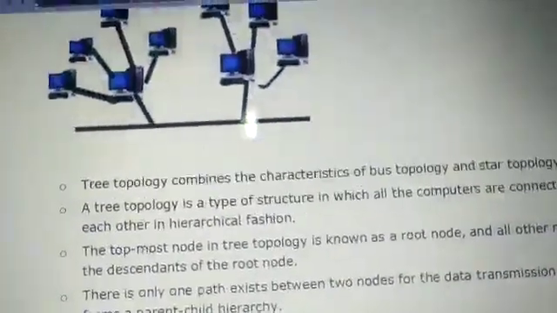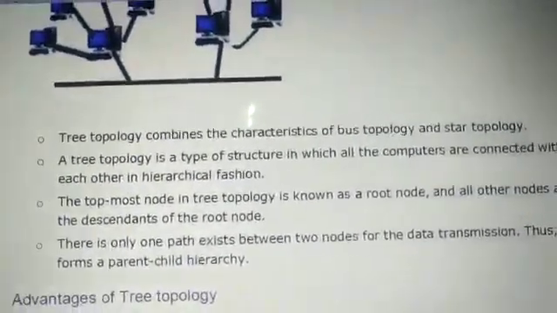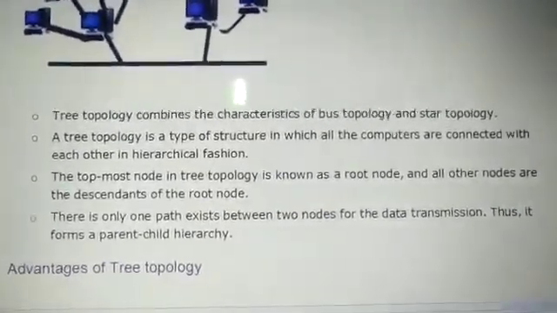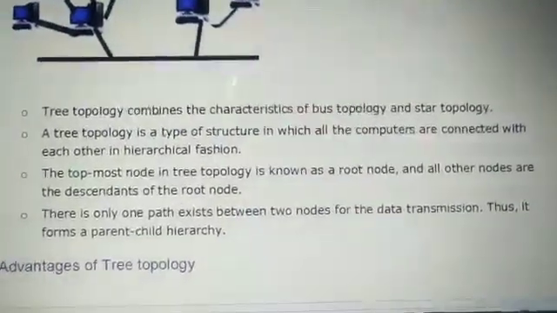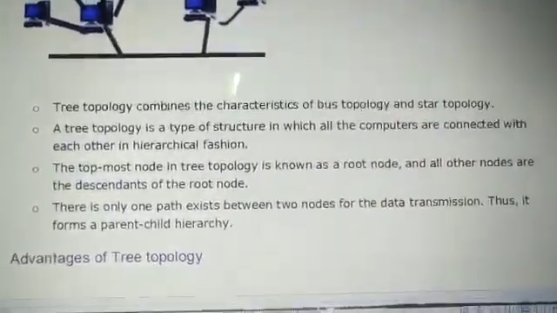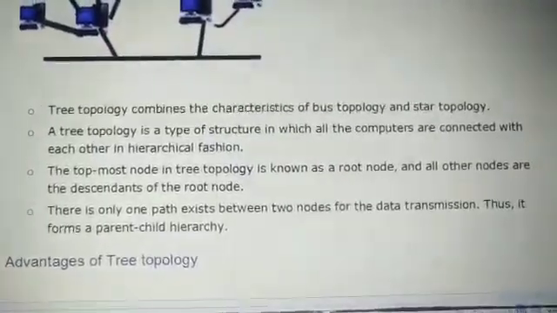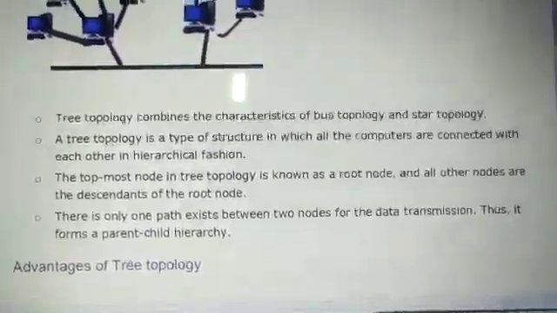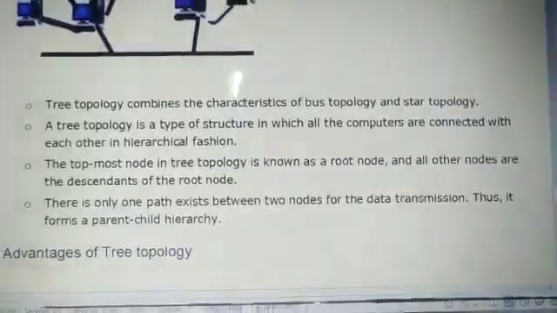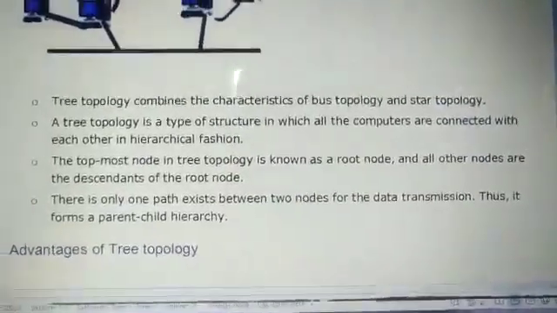Let's go through these points once. Tree topology combines characteristics of bus and star topology, because in a star there is one single hub, and the passive hub just acts like a connection, like a bus topology. A tree topology is a type of structure in which all the computers are connected with each other in a hierarchical fashion.